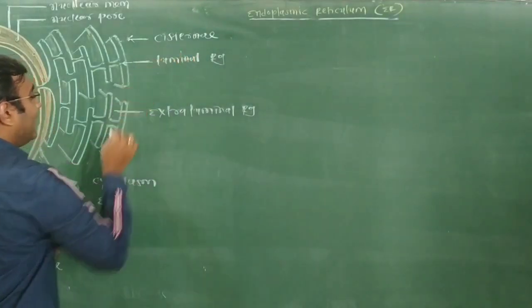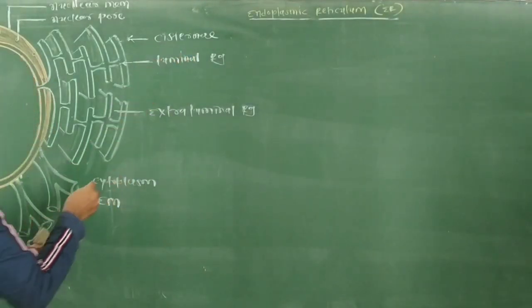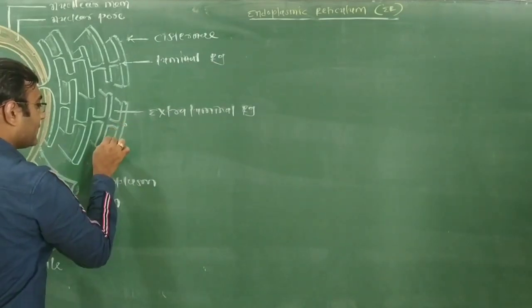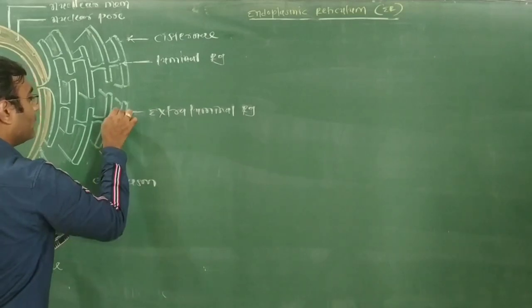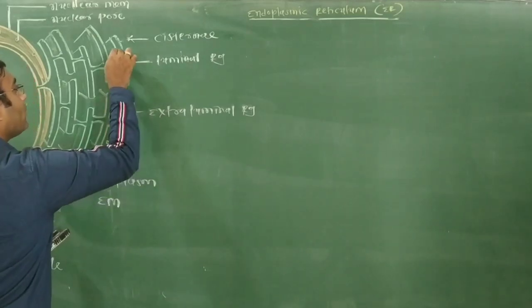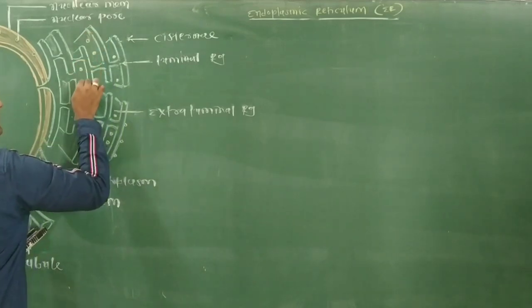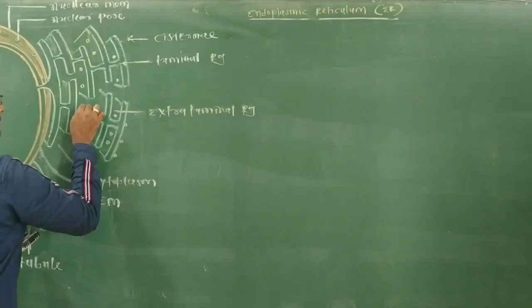Over the external surface of the cisternae, an organelle is attached, and this organelle is the ribosome. We know clearly that the ribosome is the site of protein synthesis.